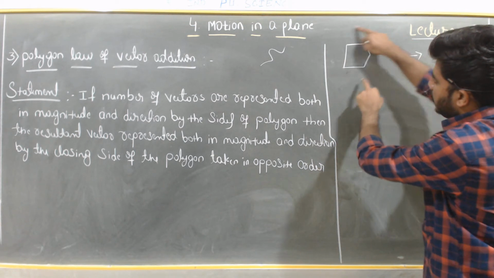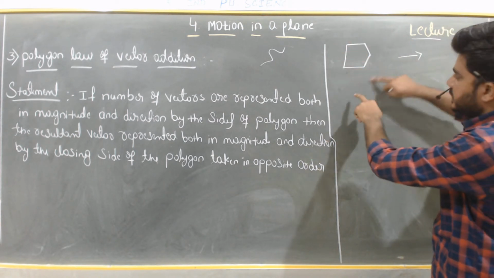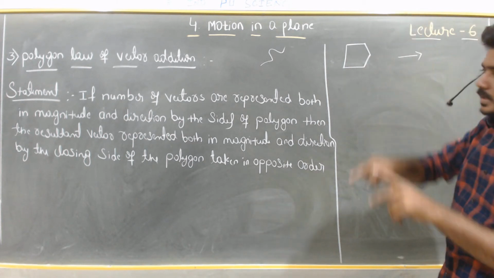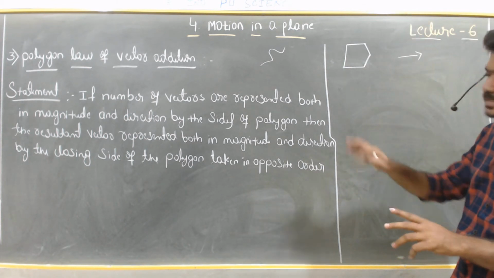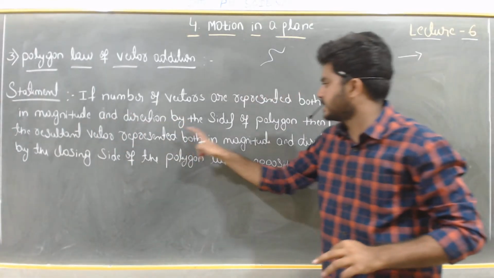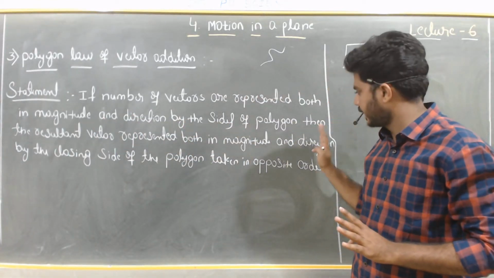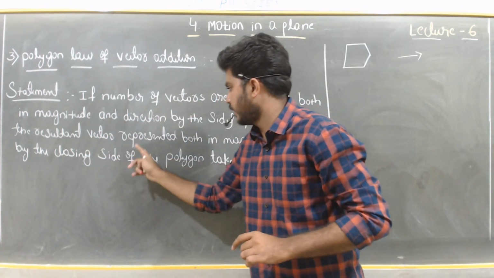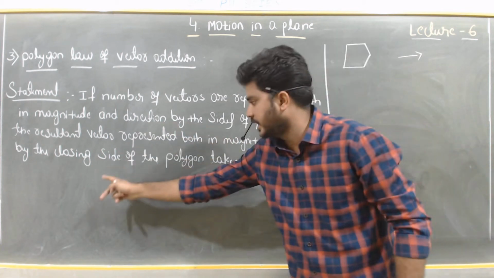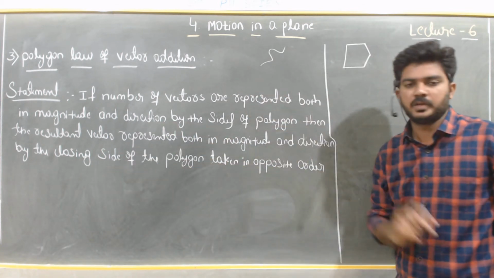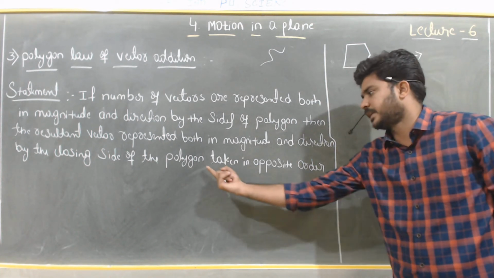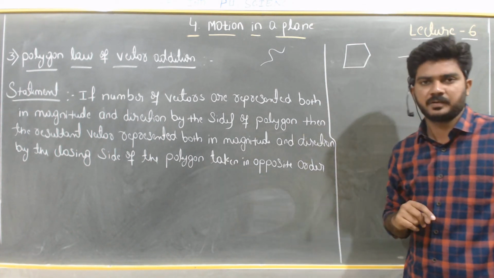In all these sides we are going to represent many vectors, in magnitude as well as in direction. Then the resultant vector is represented both in magnitude and direction by the closing side of the polygon, taken in the opposite order. This must be remembered: taken in the opposite order, right?